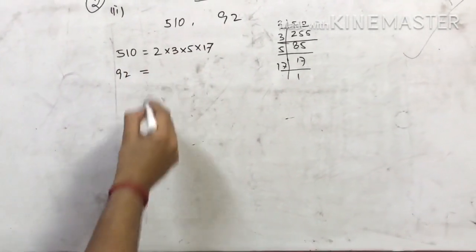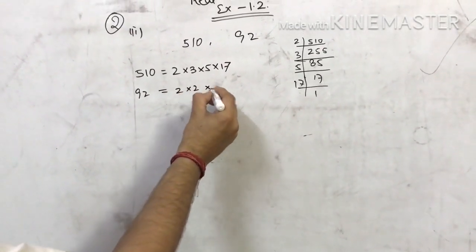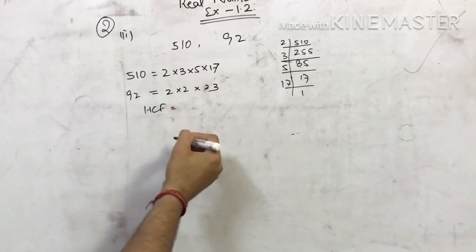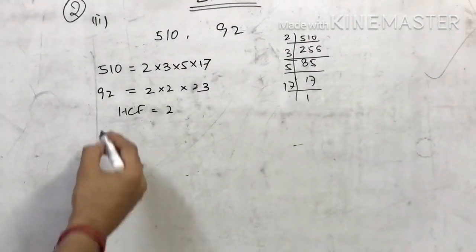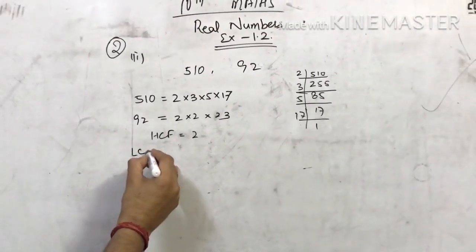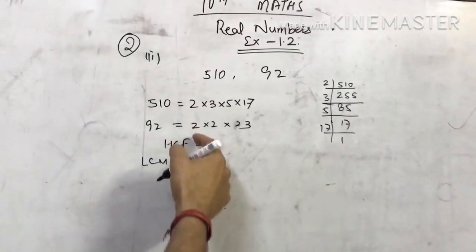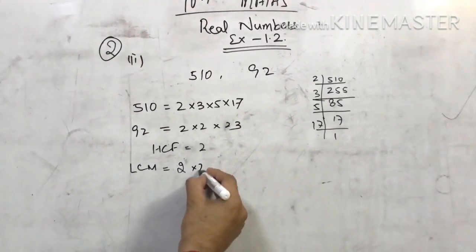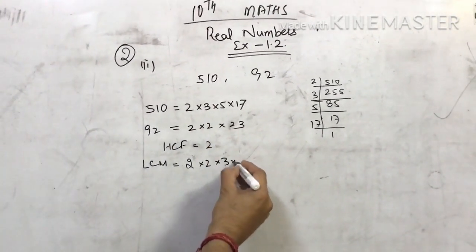Similarly, find out the factors of 92 also. So HCF will be the common factors. So you can see only 2 is common. So HCF is 2. LCM we are looking for. You can take this 2 common, and the rest of the numbers, all numbers, this 2, this 3, this 5, 17, 23, every number.